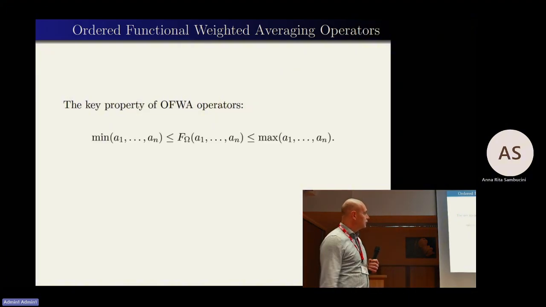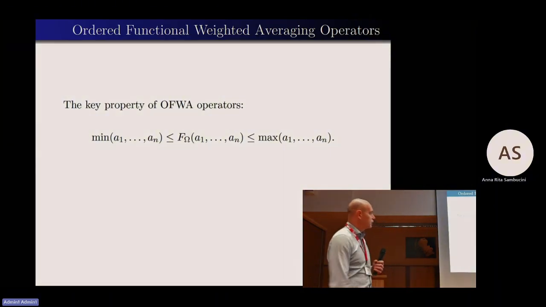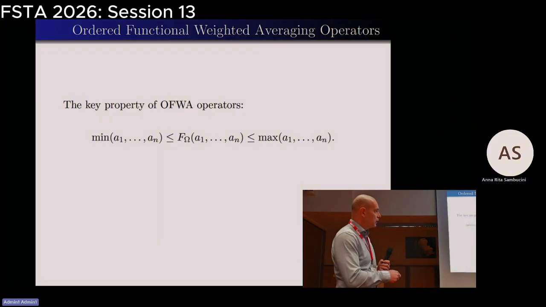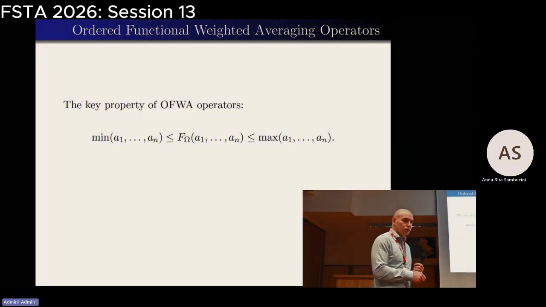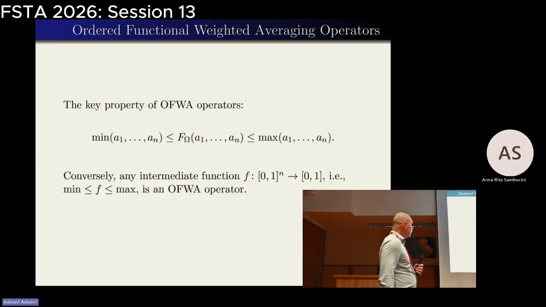It is that all these operators are between the minimum and maximum functions. They can be considered as the so-called means, and this definition of means, as I know, goes back to Cauchy, who introduced a mean precisely as a function between minimum and maximum. These functions are called intermediate functions.